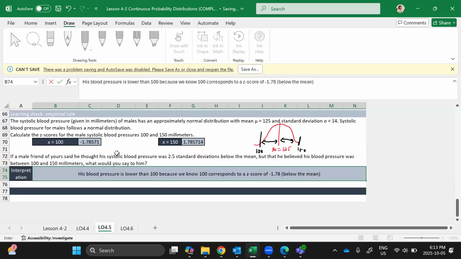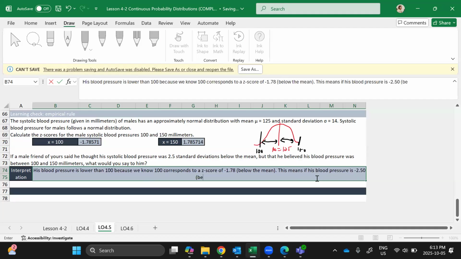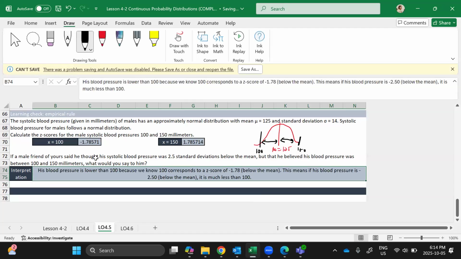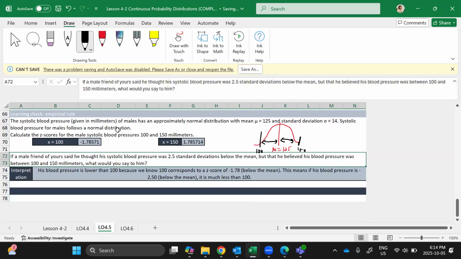He says his blood pressure is 2.5 standard deviations below the mean. So this means if his Z-score is negative 2.5 because it's below the mean, it is much less than 100 because 100 is only negative 1.78. To get a score of negative 2.5, you have to be even less than 100, somewhere out here, farther away from the mean. So he has not interpreted his blood pressure correctly.